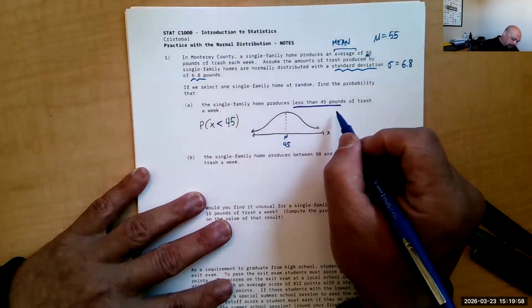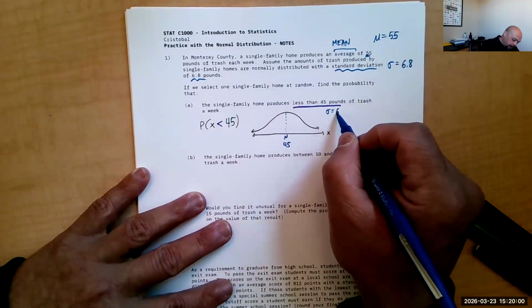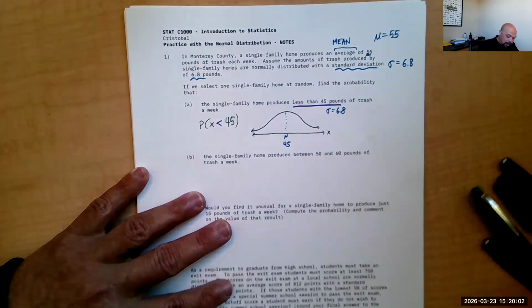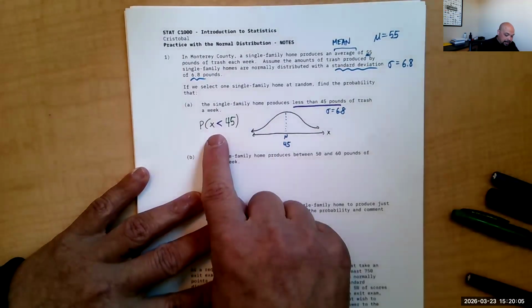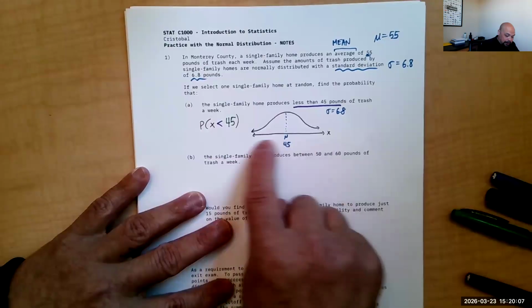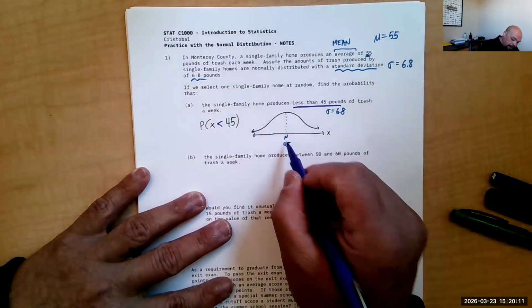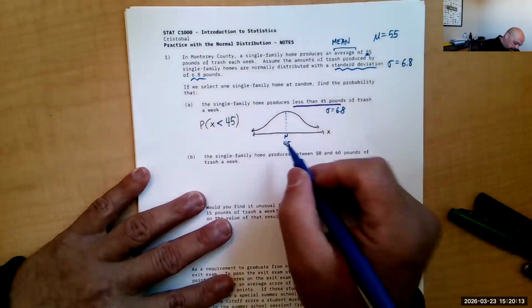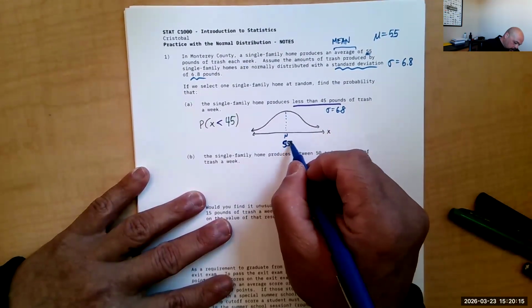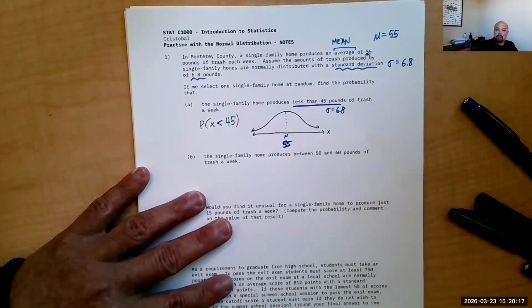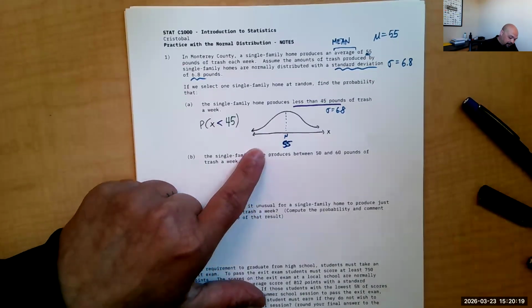Keeping track, my standard deviation was 6.8 pounds. Now we want the probability that the amount of trash we pick, our X value, is less than 45. Oh, sorry, my mean was 55 pounds. My apologies. There we go. Clean that up. But now we want to be less than 45 pounds.